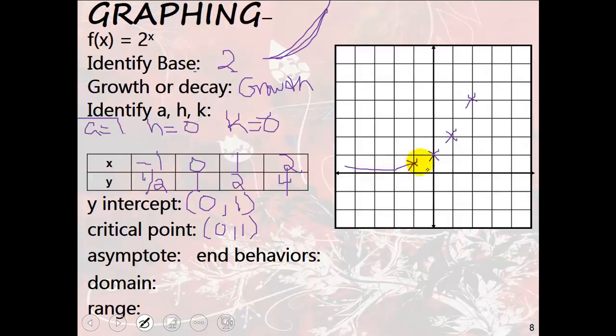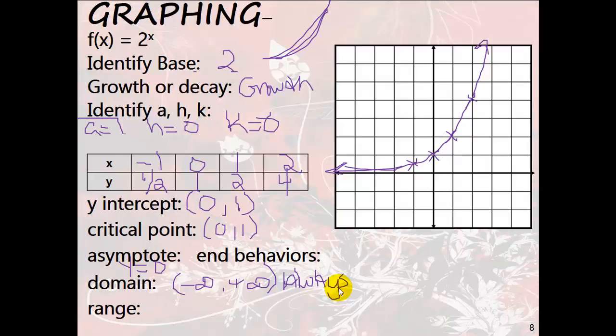And here's what my graph looks like. And it just kind of goes like this, okay? My asymptote is y equals 0, because k is equal to 0. My domain, the domain for exponential is always -infinity to +infinity. Always. My range, it gets really, really close to 0, but it doesn't touch it, so I'm going to use a parenthesis, 0, and then it's going to go all the way up to +infinity.